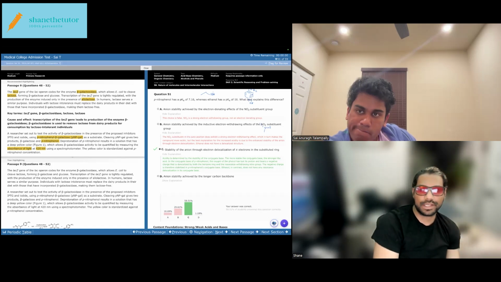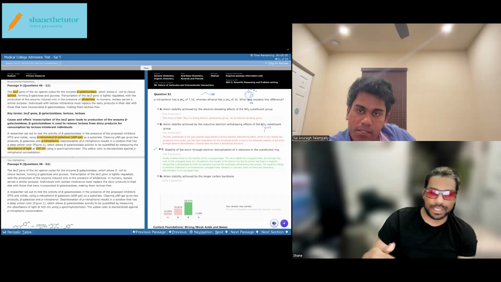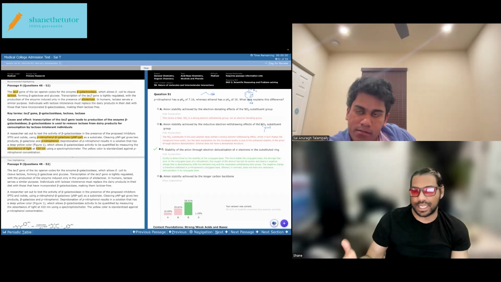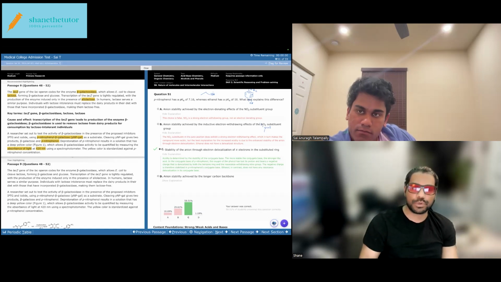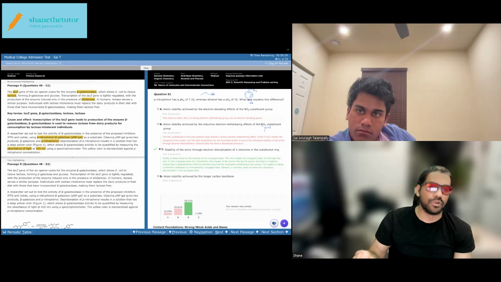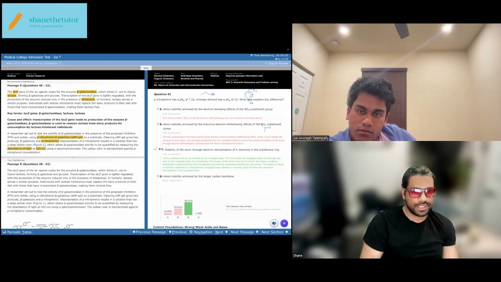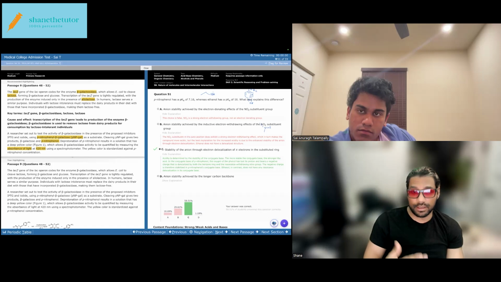So it'll be C because we're being asked what makes the nitrophenol more acidic, right? If something's more acidic, it means that when it loses its proton, it's more stable. So you want to see, the ethanol when it loses its proton, is it stable? And the nitrophenol, if it loses its proton, is it stable?